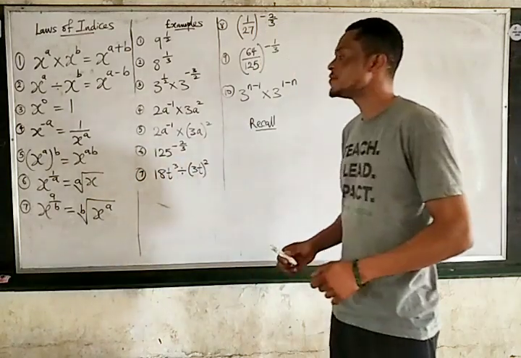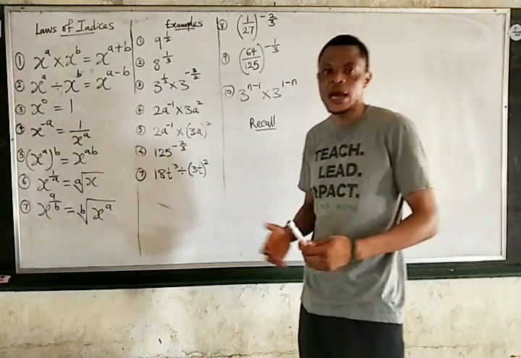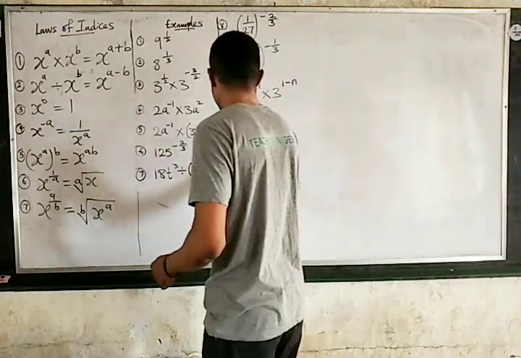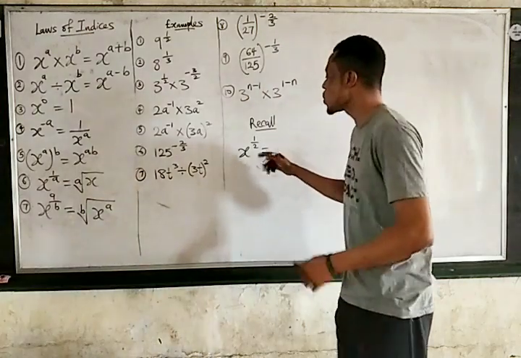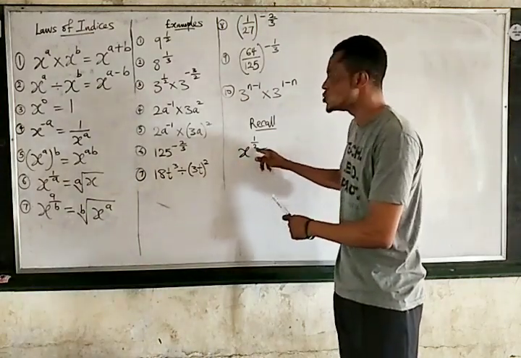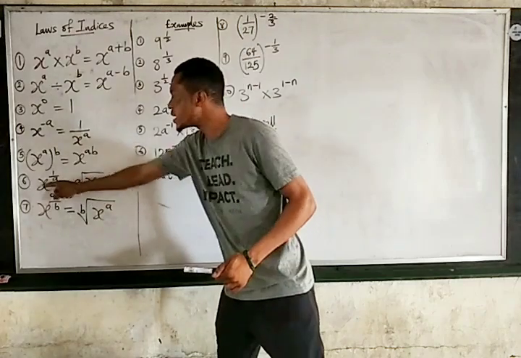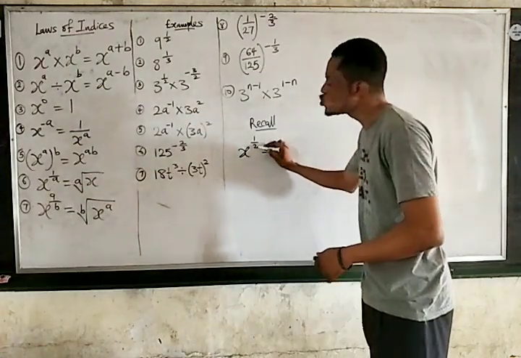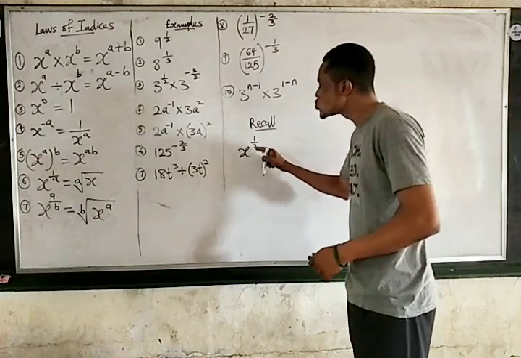Based on what we have for the 6th law of indices, it is not inappropriate to assume that x raised to the power 1 all over 2 is going to become, because this 2 is serving as the a, a root x. So definitely this 2 will serve as 2 roots, which we can also call square root.